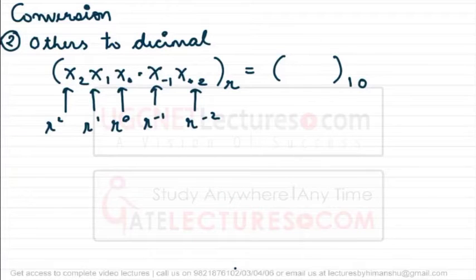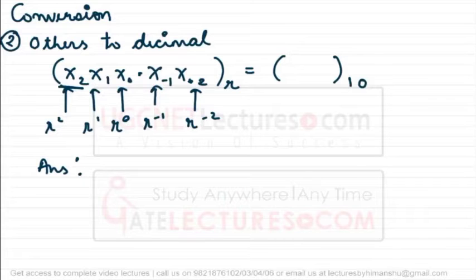So what are we going to do to obtain the decimal equivalent of this number? You multiply the corresponding digits with the weight of that bit. The digit at this bit is x2 and the weight is r power 2, so we multiply these two.